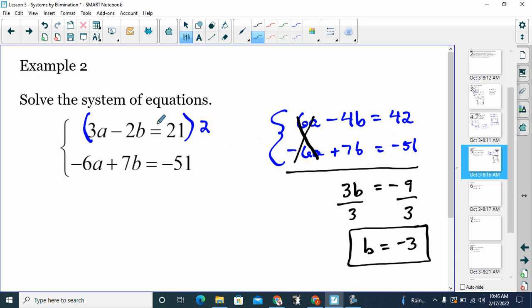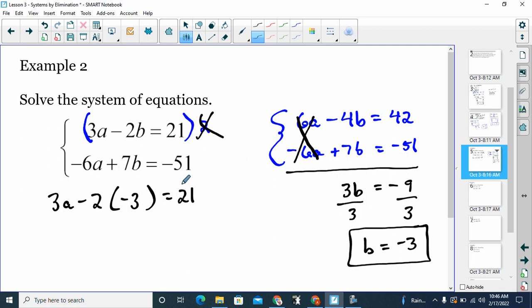So I'm going to plug it into the top equation, although technically it doesn't matter which one you use. So I'm plugging negative 3 in for b into this top equation. So I've got 3 times a minus 2 times b, but instead of b, I'm putting in negative 3 equals 21. I'm not worrying about this times 2. I used that to get this guy over here.